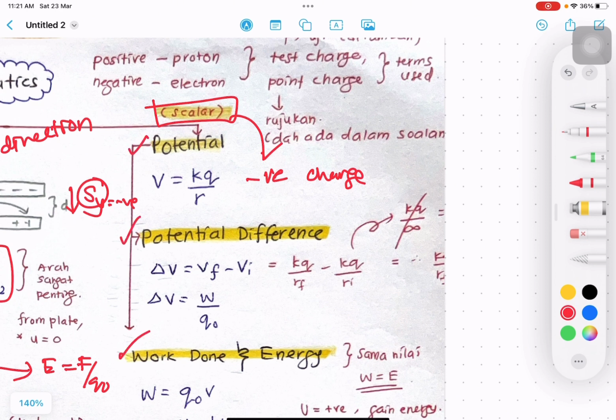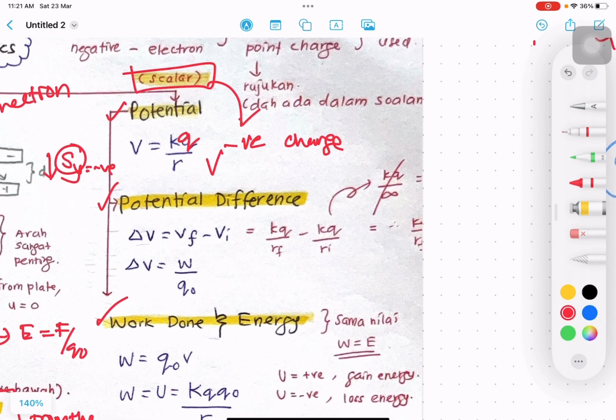Potential is measured in voltage. So V equals KQ over R, point charge over R. Then we have potential difference. Potential difference delta V equals, of course, final minus initial.